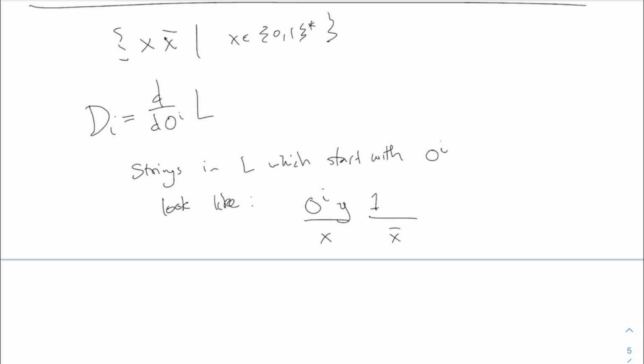Yeah, it looks like 1 to the i followed by y bar. That's what you get when you flip all the bits, as they say in the computers. All right? And so this derivative looks like this, but you have canceled the 0 to the i at the beginning. So it looks like y 1 to the i y bar, where y is in {0, 1}.